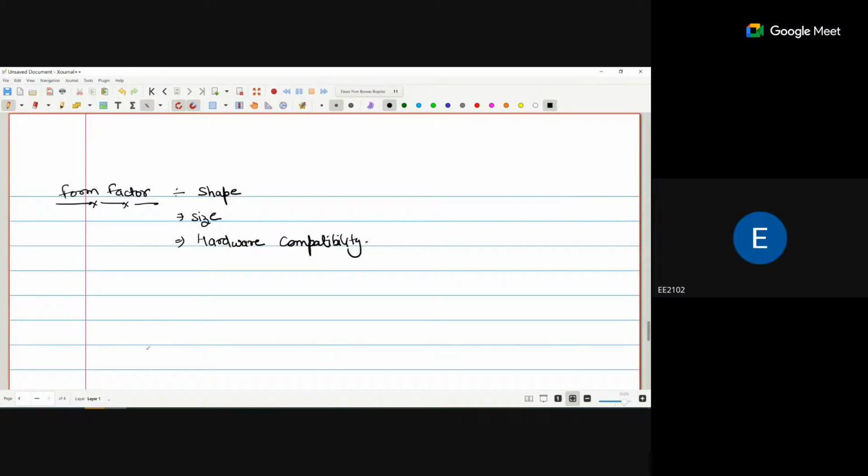What is the meaning of shape? I think you have multiple chips. You are aware of that. You have some ICs.